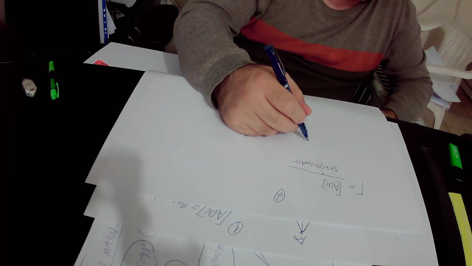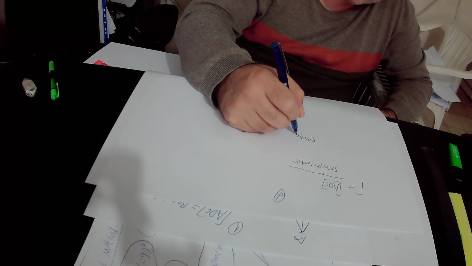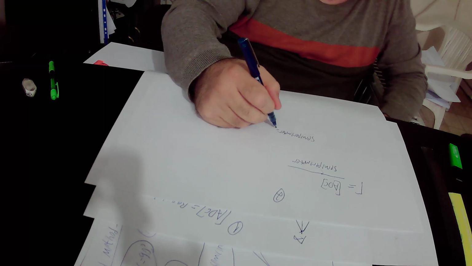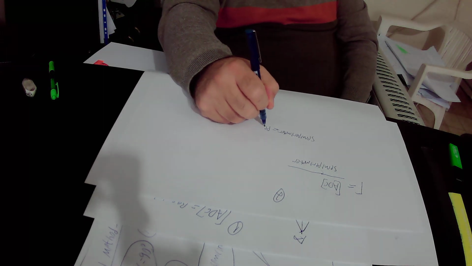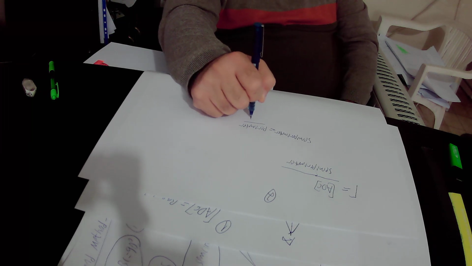And the semi-perimeter of any triangle is equal to the perimeter of the triangle over 2.